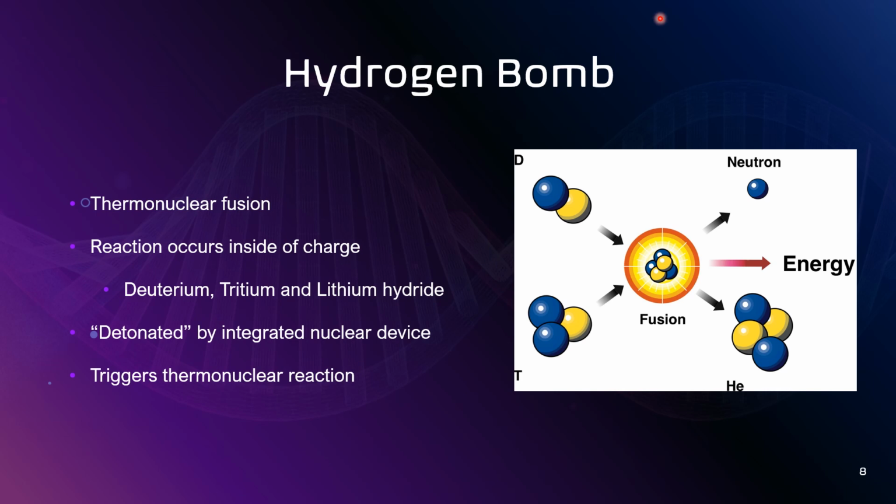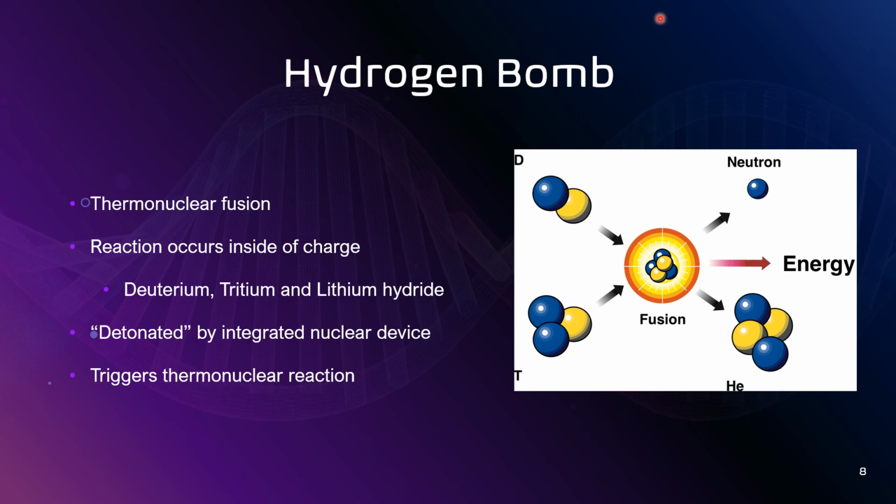With our hydrogen bomb, energy is released due to thermonuclear fission. This is a very fast explosive reaction that occurs inside the charge with the help of elements like deuterium and tritium. Other heavy elements are used, mainly lithium hydride.